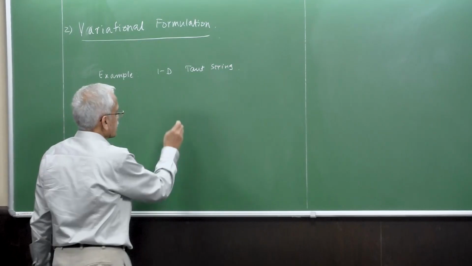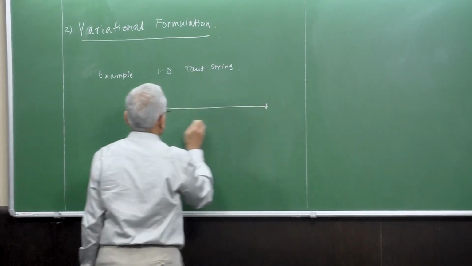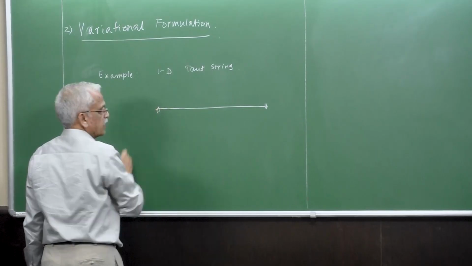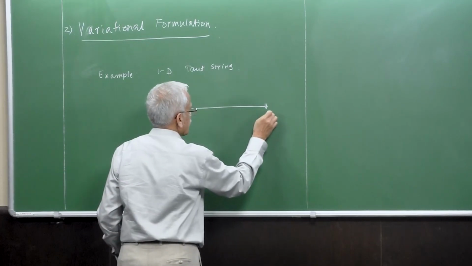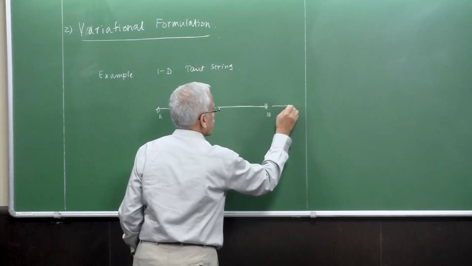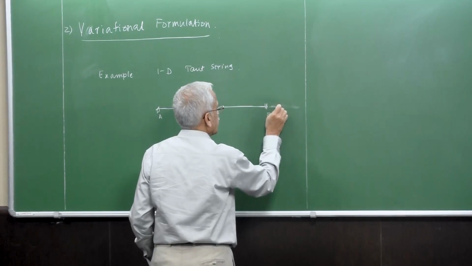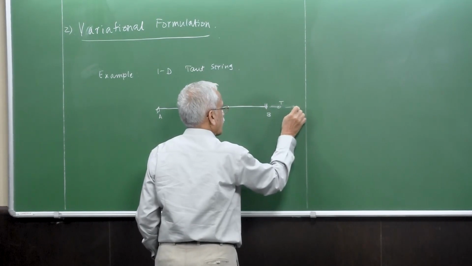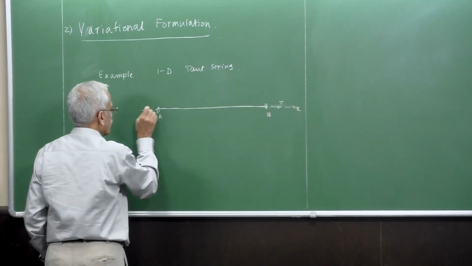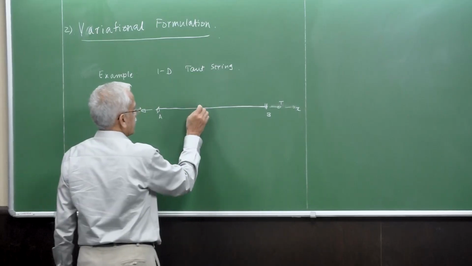In this one-dimensional string, we know that the string is stretched between two points, A and B, and of course, X is the direction. It is under tension T.